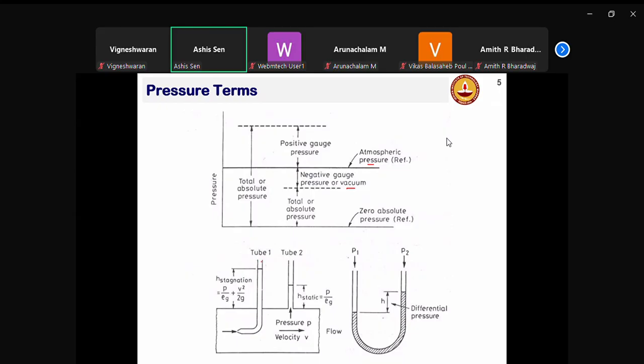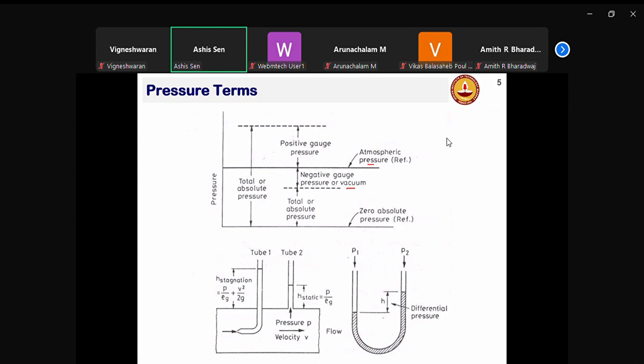And if you use the pitot static tube, it will not only give you the static pressure, it will also give you the dynamic pressure, right? So P over rho G is basically the static pressure which is given by this pitot tube. But if you use a pitot static tube, what happens is here, the fluid molecules come to rest.